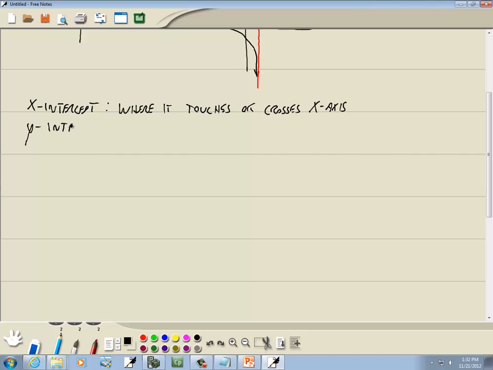And our y-intercept is where it touches or crosses the y-axis.